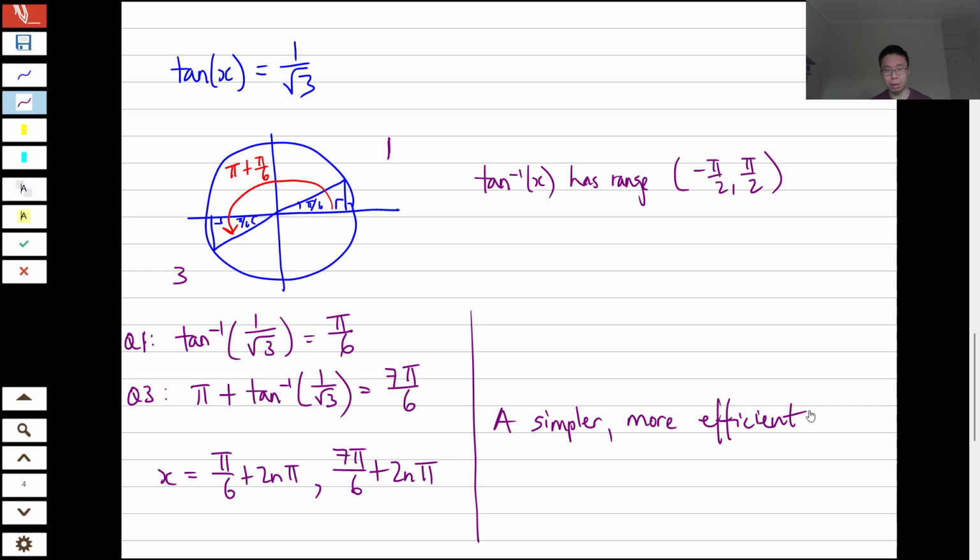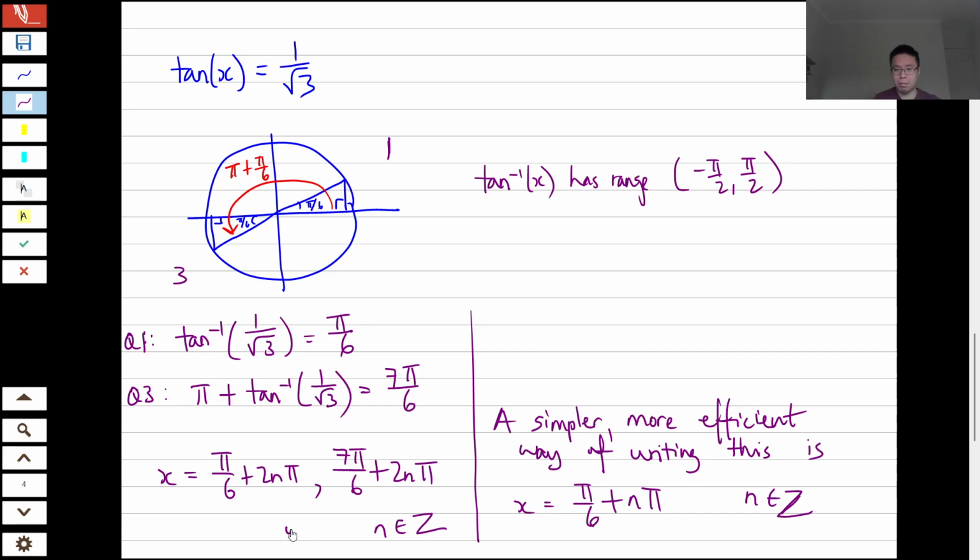So I can collapse both of these families into a single family. A more efficient way of writing this is x equals pi on 6 plus n pi. Start at pi on 6 and add as many multiples of pi, clockwise or counterclockwise as you like, and you will still have a solution.